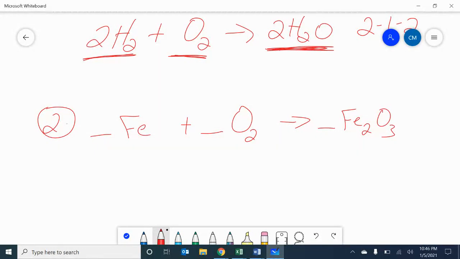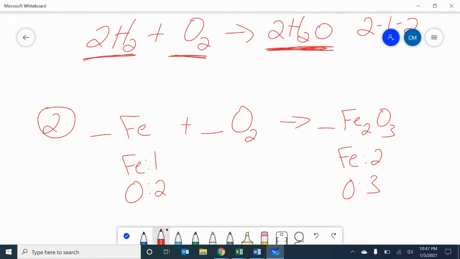I see that I have on the left side of the arrow, if you're doing your little chart system, which you don't have to, I've got 1 iron and I have 2 oxygens. On the right side, I have 2 irons and I have 3 oxygens. So nobody's balanced. Well, I can start with my irons because I like to do oxygens and hydrogens last.